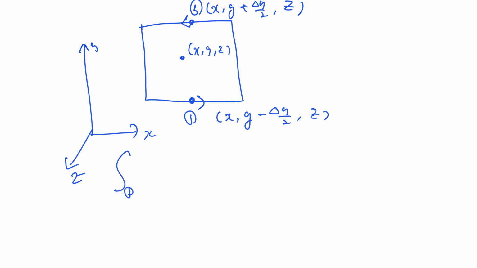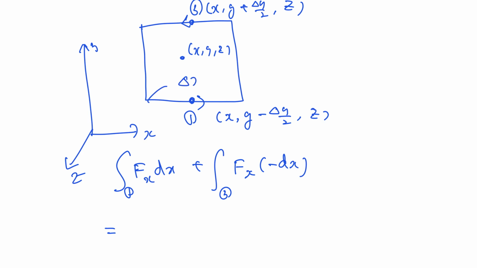So integral over 1 of f dx plus integral over 3 of f with x minus dx, using, this is delta x. So we can use the mean value theorem, right?